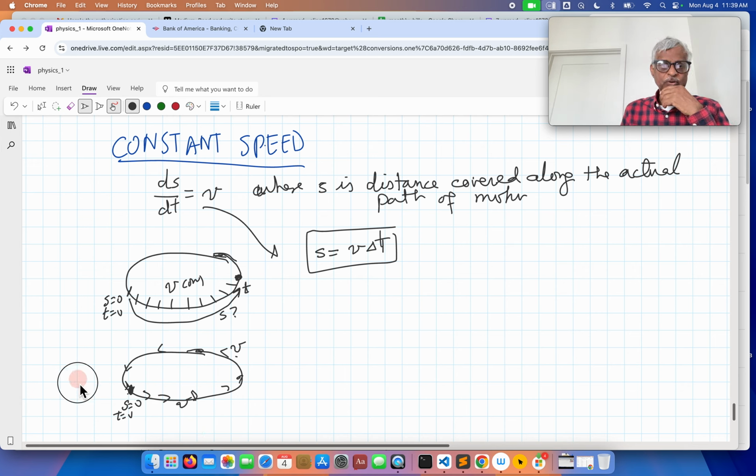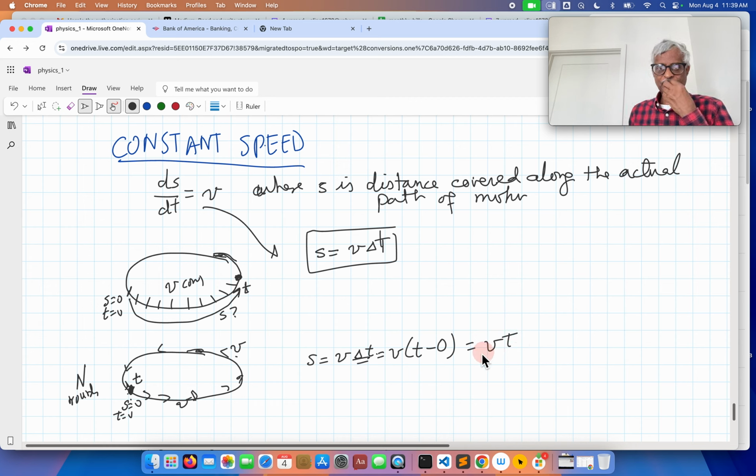Say you did n rounds and came back to the same place at t. So how much distance did you cover? S equals V times delta t, so delta t is t minus t0, is Vt.